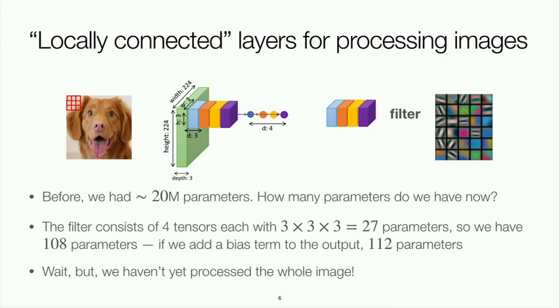What I've told you about right now is actually just processing the first 3x3 patch of this image. We need to do a little bit more work to actually process the rest of the image. Well, as it turns out, the way that convolutions are usually described is that we're not going to need any additional parameters for processing the rest of the image. We're just going to take the same filter and run it across our whole image. But we'll describe that in the next slide.